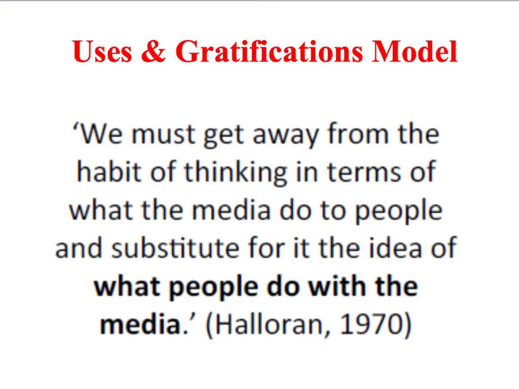So compared to the theories that we discussed in the first screencast, the emphasis changes from the various ways that the media influence and manipulate people to an emphasis on the way in which audiences actively use the media. As we can see from this quote, uses and gratifications model means that we've got to get away from the habit of thinking in terms of what the media do to people and substitute it for the idea of what people do with the media.